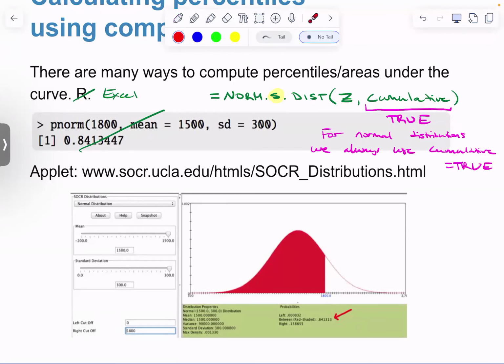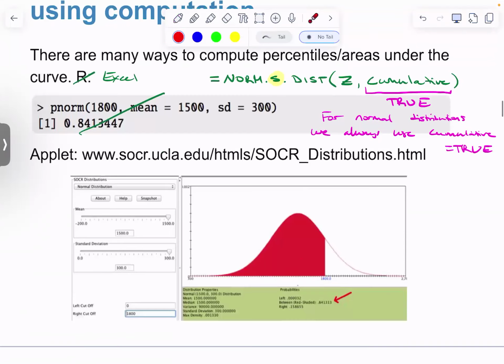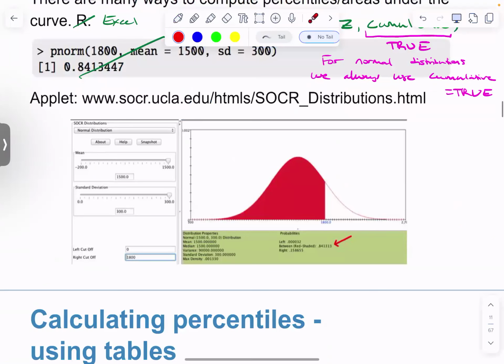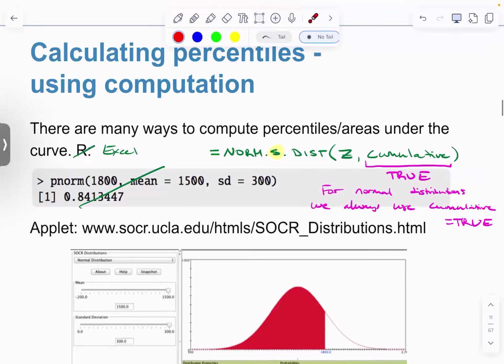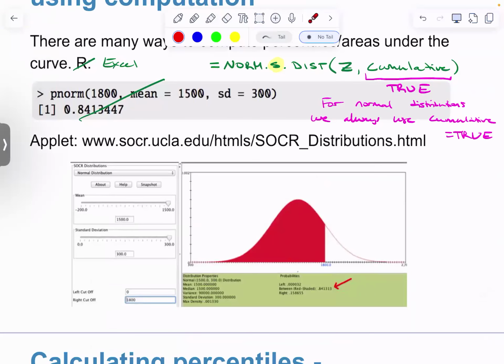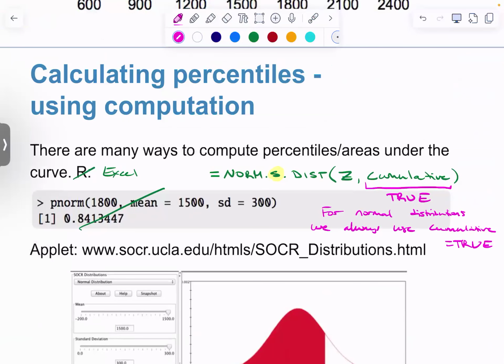So we should use software. We use Excel, or if you want to poke around, here's an online calculator that you can find. Just Google an online Z-score calculator, and they're usually quite helpful. They help you visualize things and you can play around with it. We will use tables to find probabilities in class and on tests.